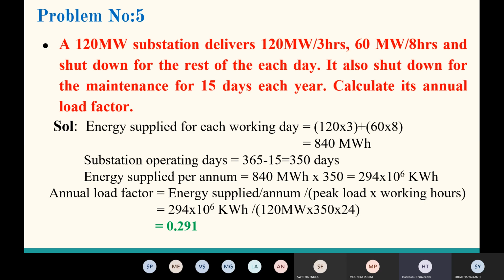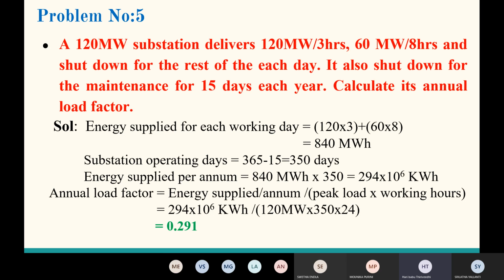One column is load in megawatt, another column is time in hours. In the load column write 120, in the time column write 3. In the load column 60, in the time column 8. So the table is closed. The remaining time it is shut down.